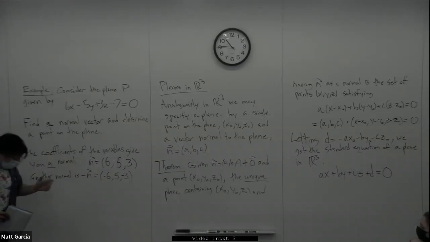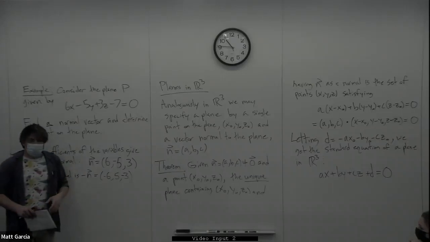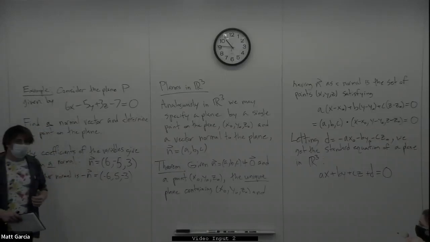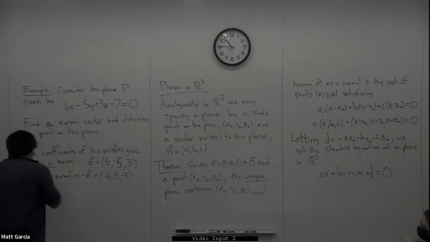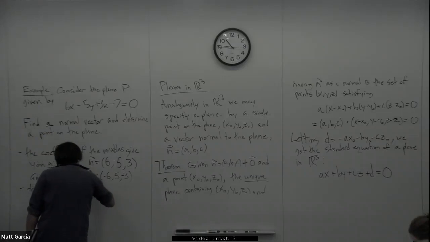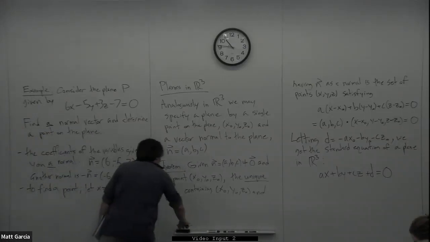Okay, and again, I want to reiterate this. Very often, mathematics is about doing the least work possible. So if I want to do the least work possible, what should I choose for x and y? Yeah, I can take 0 for both of them, right? So to find a point, let x equal 0, y equal 0, and solve for z.